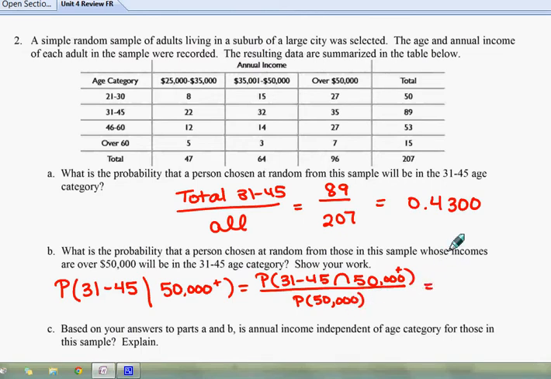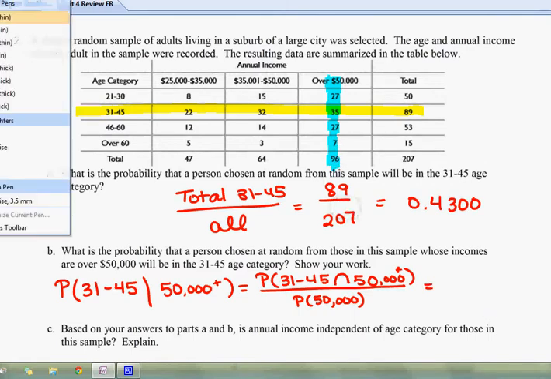So if we look at the table, the probability that they are between 31 and 45, that's that column, and the probability that they are over $50,000, that's that column.